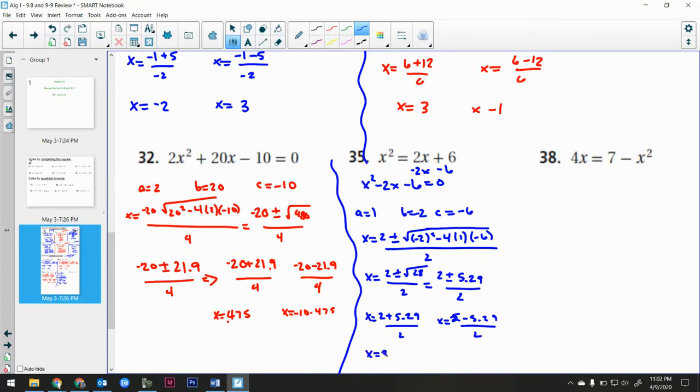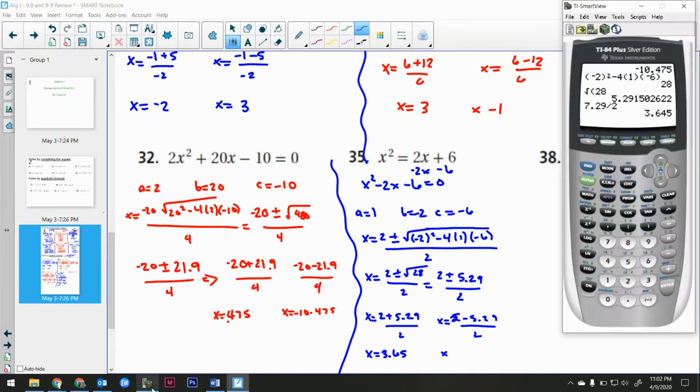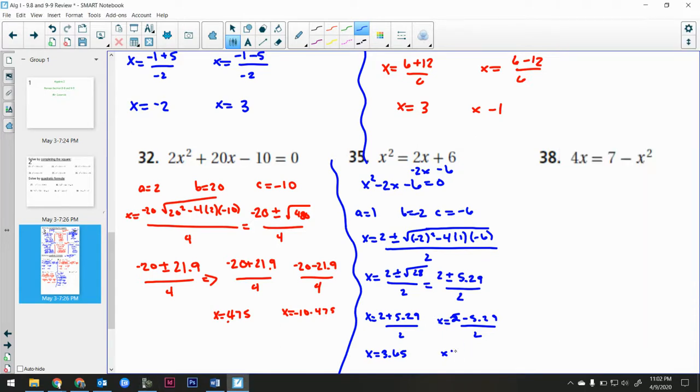X equals 3.645, so 3.65. And then 2 minus 5.29 is negative 3.29, divided by 2 is negative 1.645, so negative 1.65 if I round. I don't really care what you round to, folks.